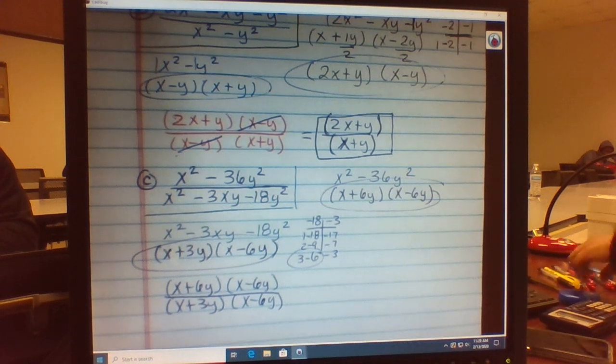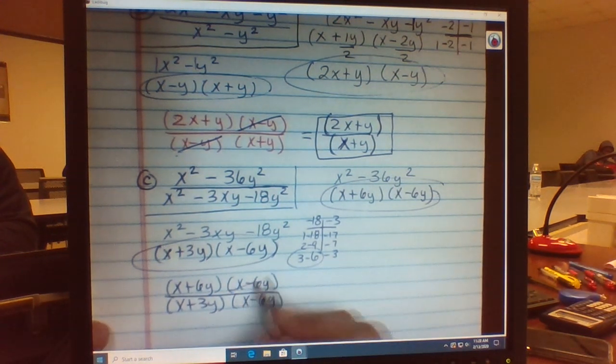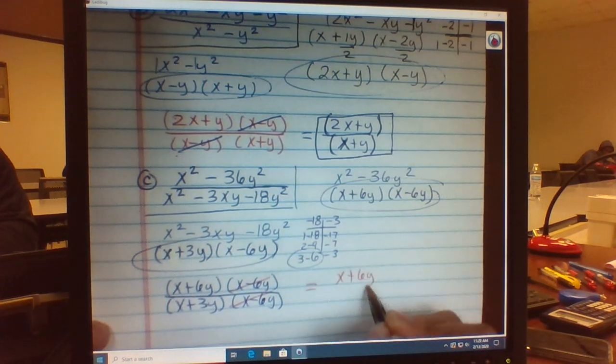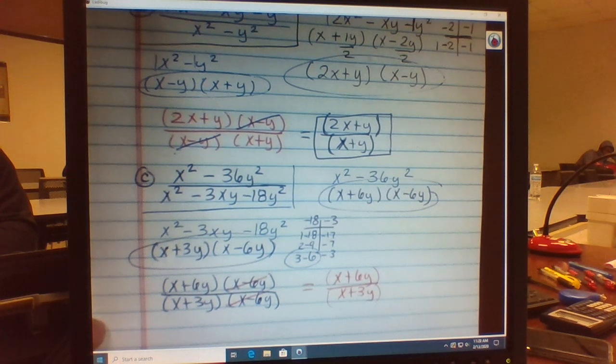Do they have anything that's the same on top and bottom? So my answer is x plus 6y over x plus 3y. I prefer to see parentheses.